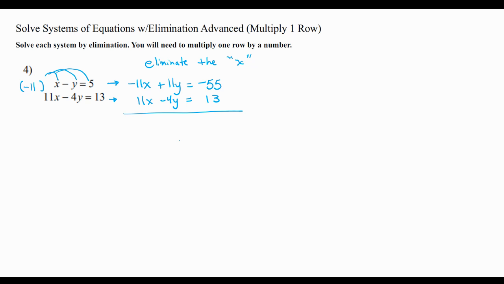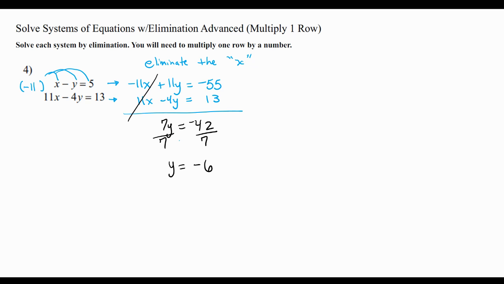Okay, and then I'm going to think up and down, add and subtract. So 11x's minus 11x's, I eliminated the x like I wanted to. 11 minus 4 is 7y's. And negative 55 plus 13 is negative 42. And divide by 7. So your y would be equal to negative 6.